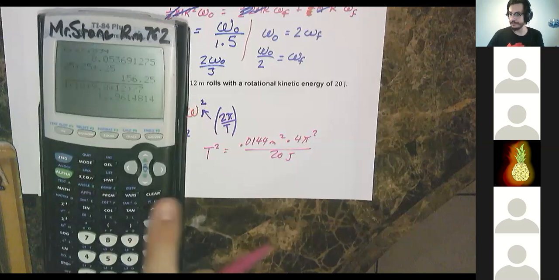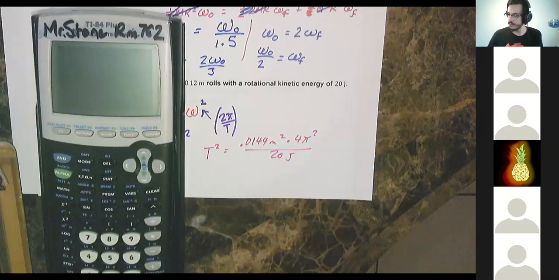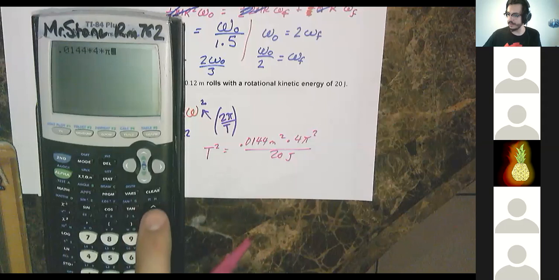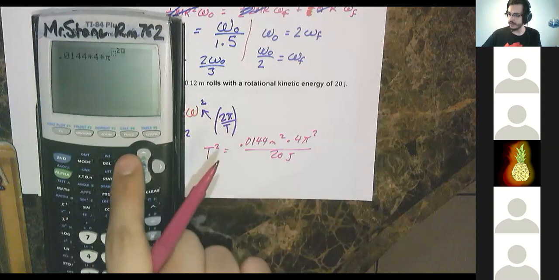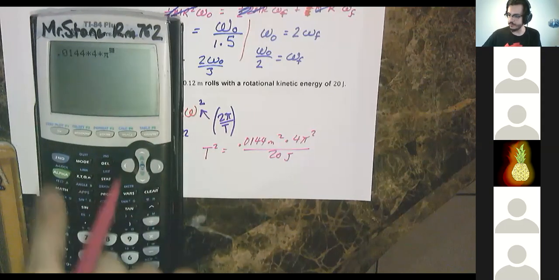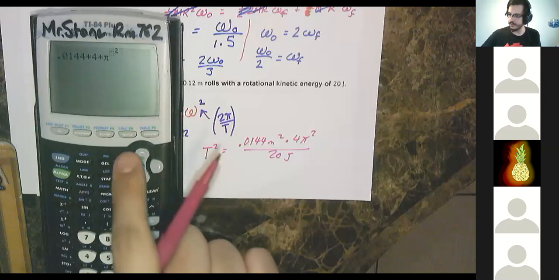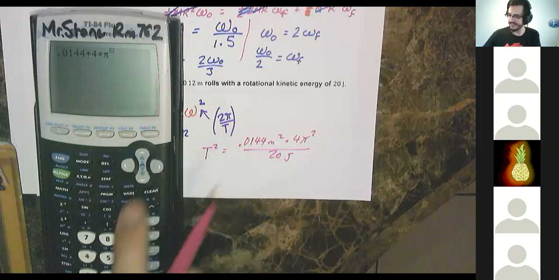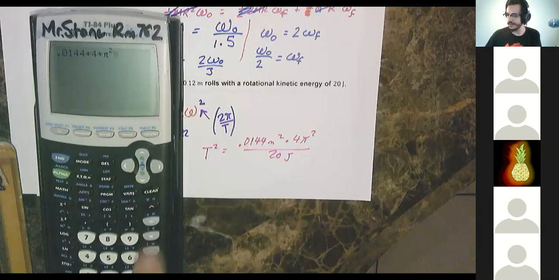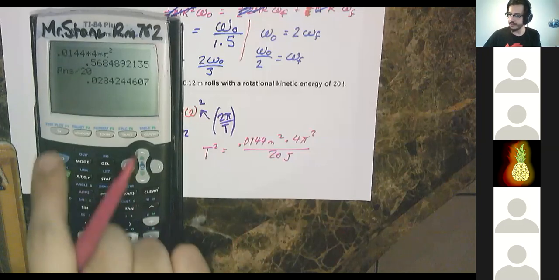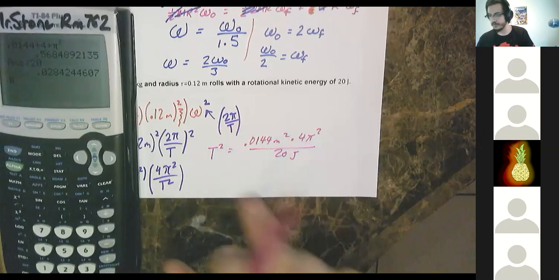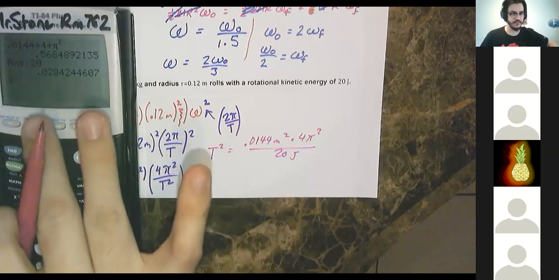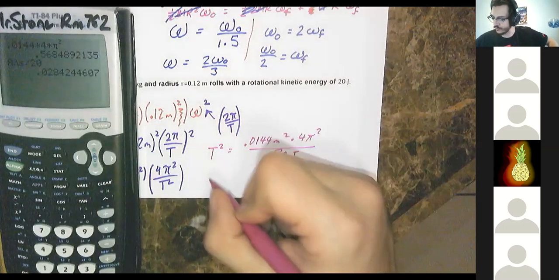Now it's calculator time. 0.0144 times 4 times pi squared. Damn, I've raised it too many powers. Please stop. Okay, there we go. Divided by 20. And then we have, now that's t squared is this. So we're going to take the square root of that.